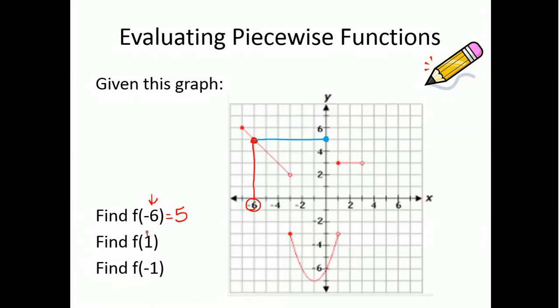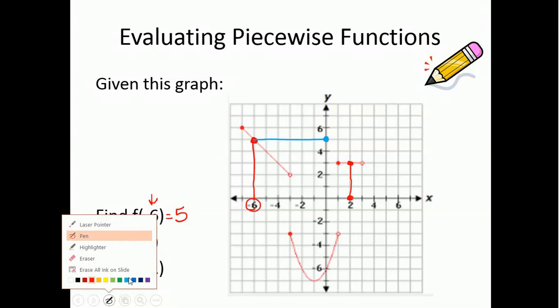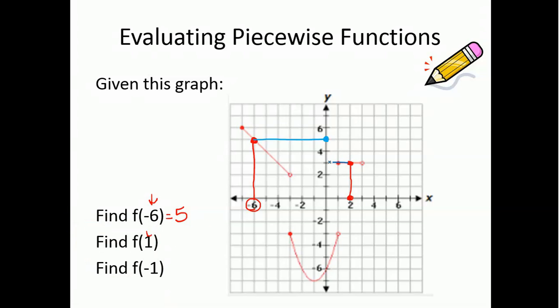Let's check 1 out. I'm going to find 1 on my axes. Right here, we're going to go up until we hit our function. Boom. Now let's go over to the y-axis to see what our answer is. 3. So my answer must be 3. Let's try -1.